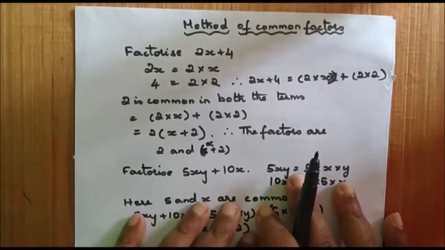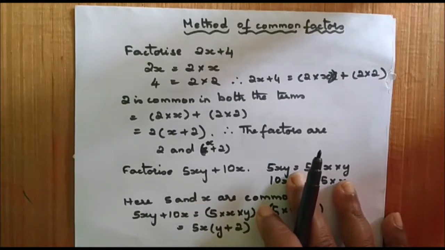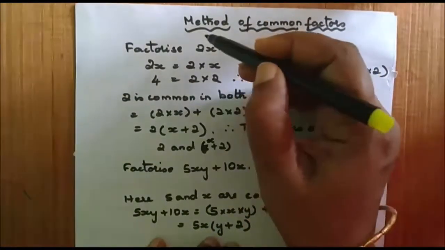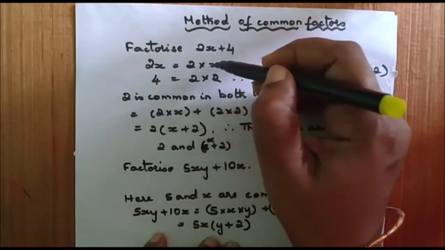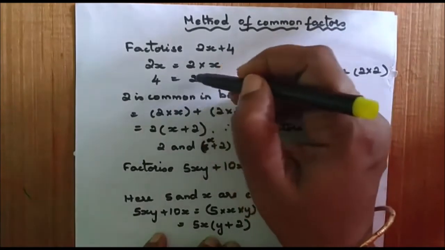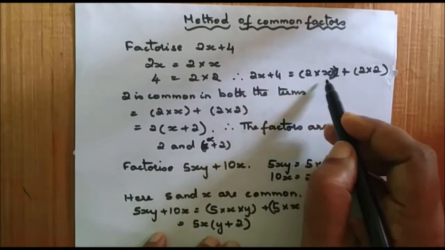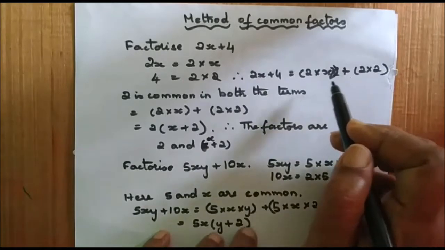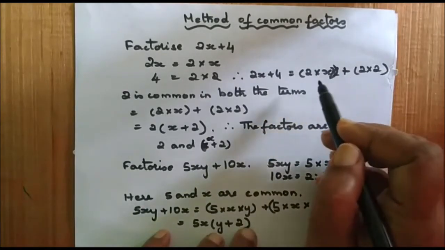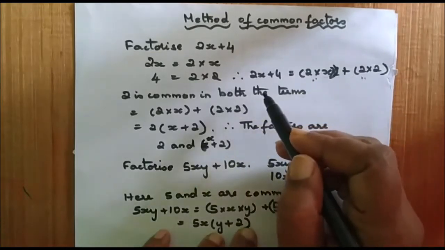To do the factorization of expressions, we first follow the first method, which is the method of common factors. Okay. Now let us see how we will factorize 2x plus 4. Now 2x can be written as 2 into x and 4 can be written as 2 into 2. So when I write 2x plus 4, I write 2 into x plus 2 into 2. Are there any common factors in these two terms? 2 is common in both the terms, isn't it? So I can take the 2 outside.